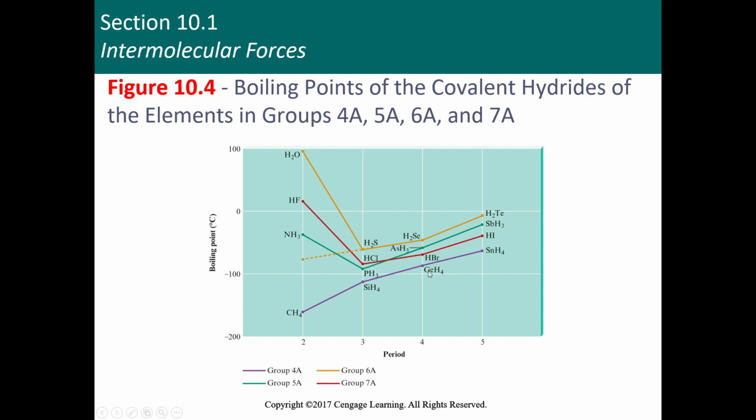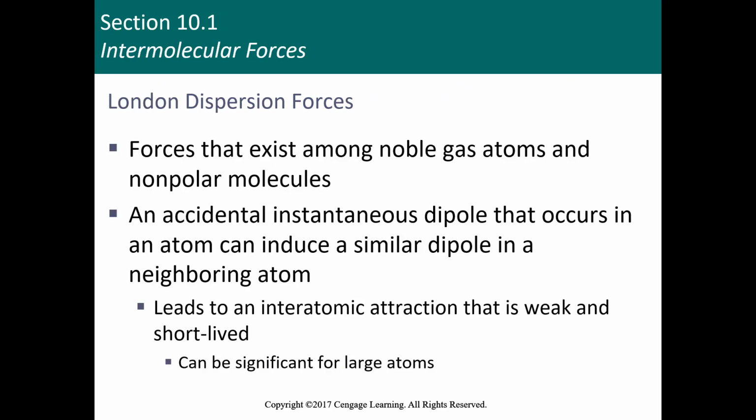The next one up, we actually start seeing the effect of just having heavier and heavier atoms. And that's true for everything. Everything experiences this, that the higher the weight, the more interactions you have. And we'll talk about those in just a bit. They're called London dispersion forces, which is the next one we're doing.